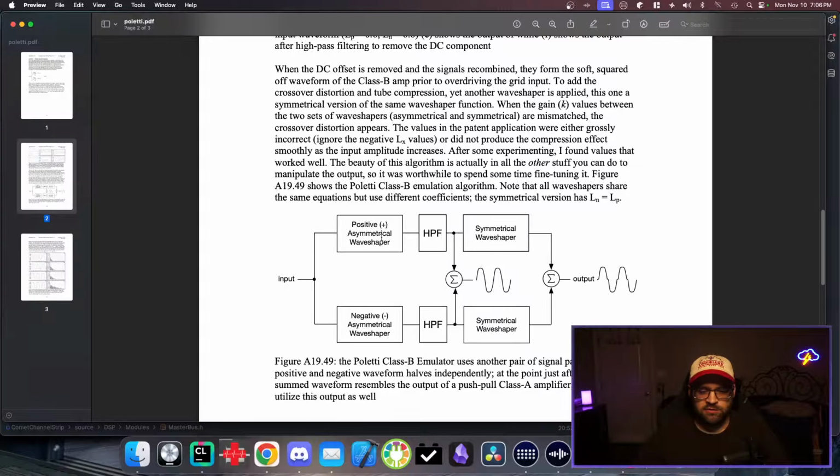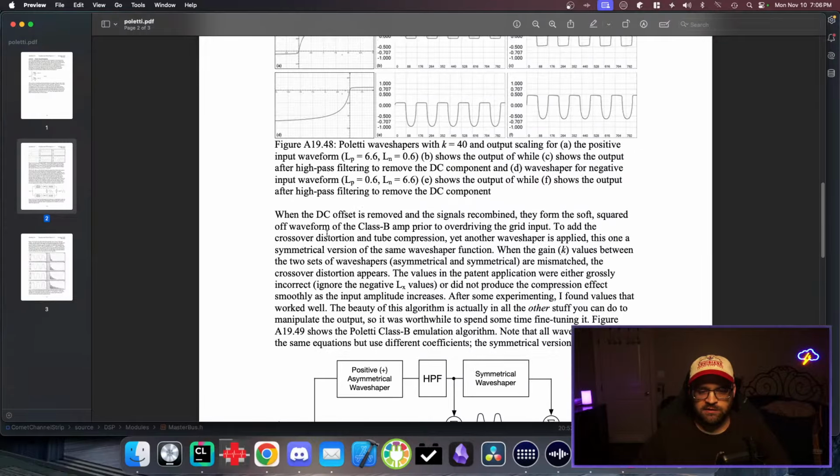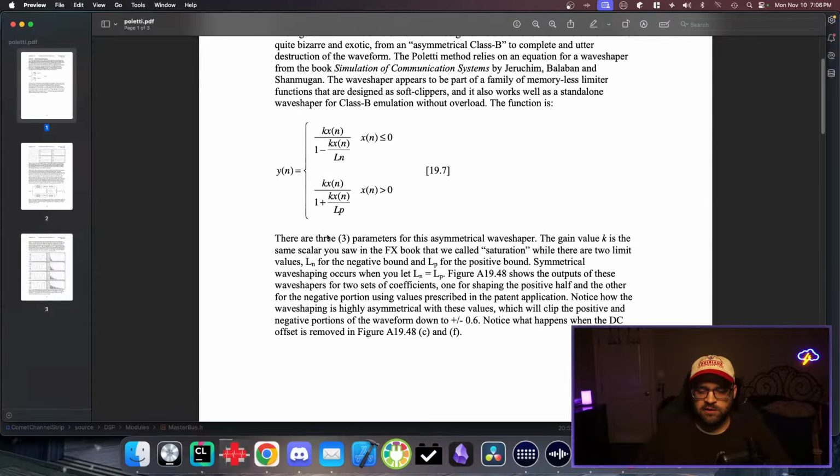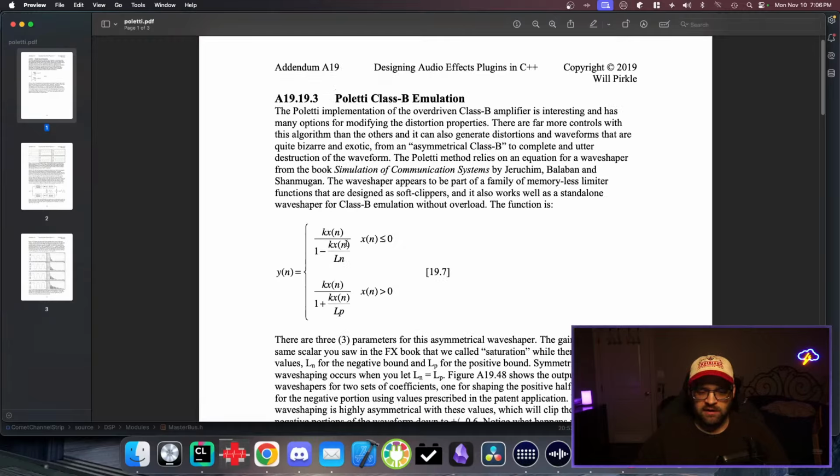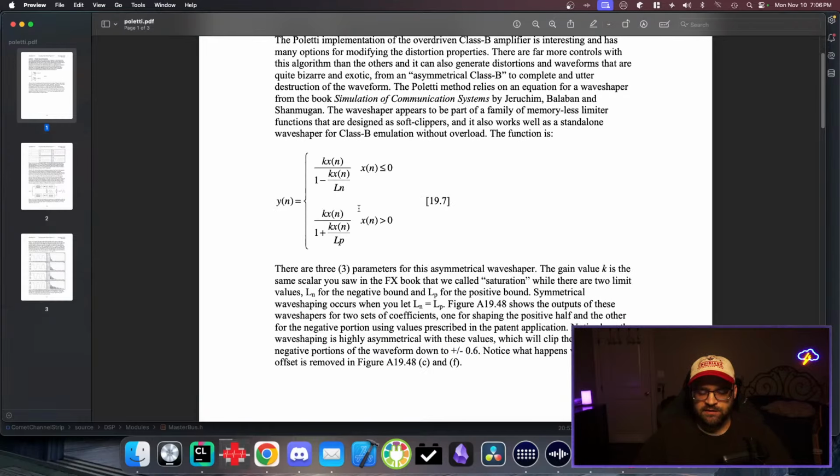And it shows us what the wave shaper is. This is the equation for it. You can see that the negative side of the signal passes through this, and then the positive side passes through this. And what makes it symmetrical or asymmetrical, if you read, is the values you use for these limit values, like limit negative and limit positive.